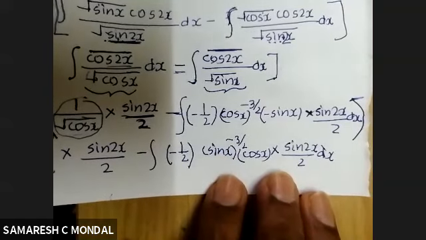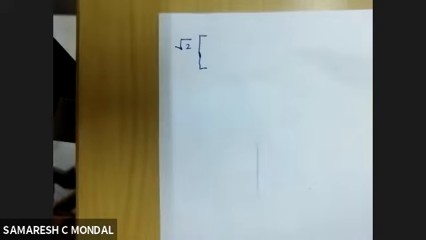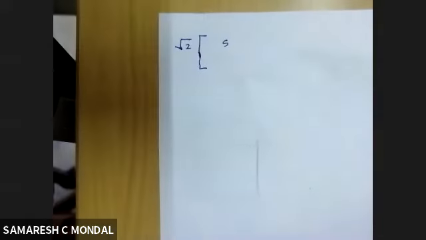I'm moving this one. So now I'll just simplify it. Root 2 was outside. The first term, if you see, was sin 2x by 2 into 1 by root cos x.